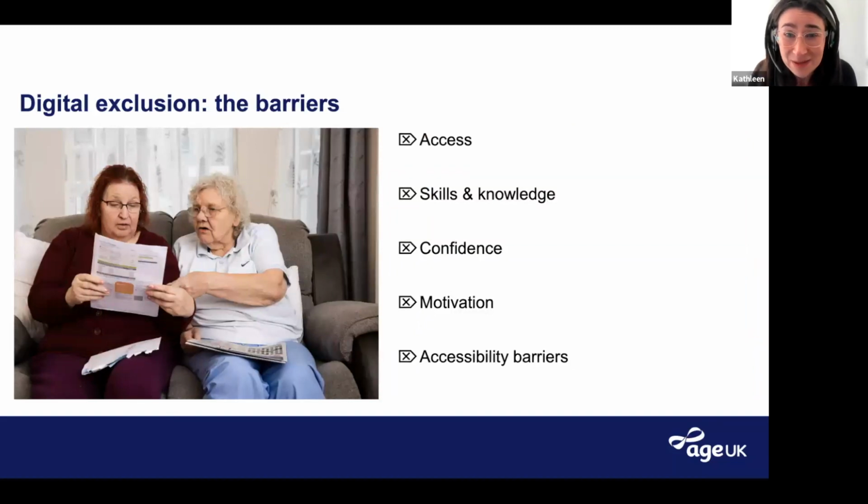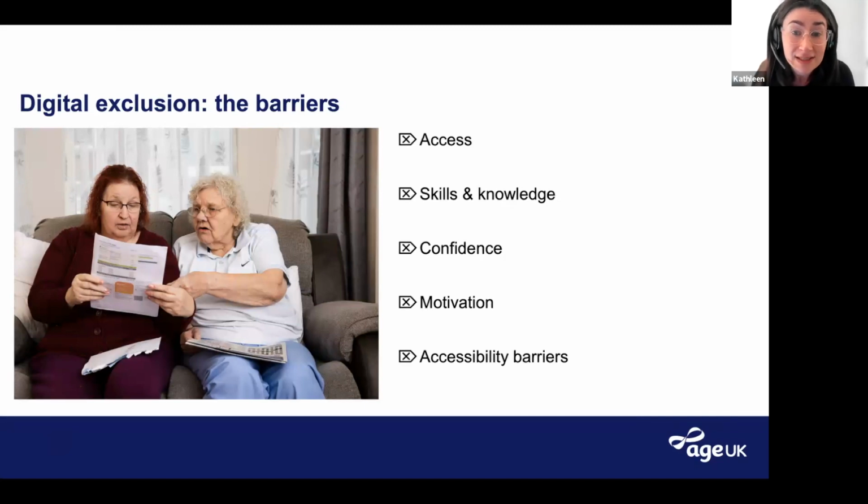Why is this? Let's look at some of the barriers that older people in particular might face. First, they might not have access to the technology they need to get online, whether that's a device such as a laptop or smartphone, or connectivity, for example Wi-Fi in their home or data on their phone.